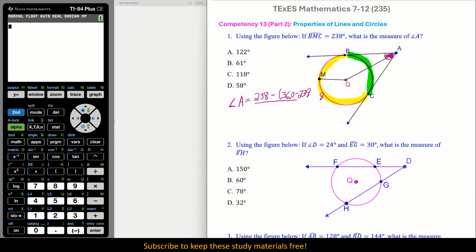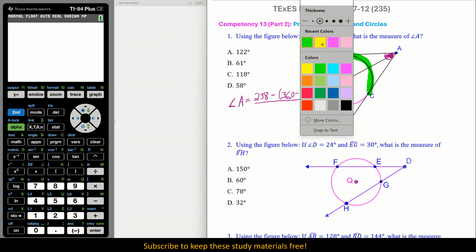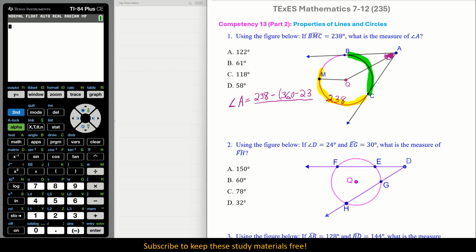I can move this 238 over, so I'll just rewrite all that. Minus 238, and this whole thing here is 238. Let's go back and highlight that like we had it.